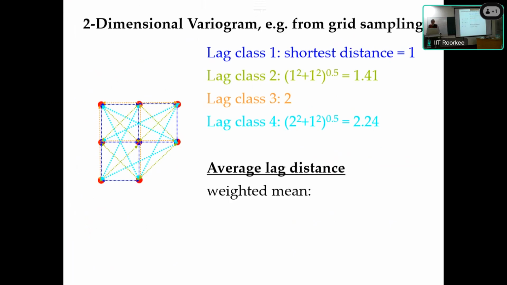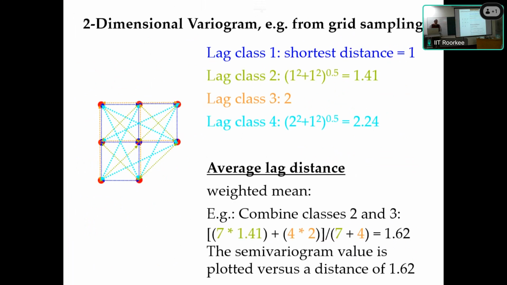So now we want to calculate the average lag distance. For example, if we combine classes 2 and 3, which were not that much different, we have 7 neighbors, 7 pairs that are separated by a distance of 1.41.